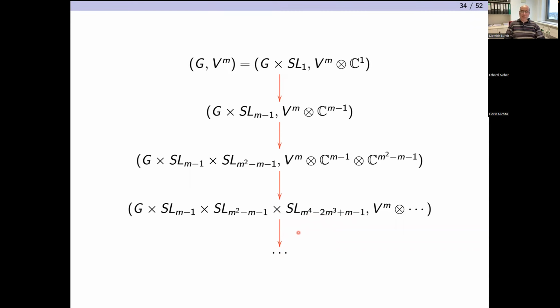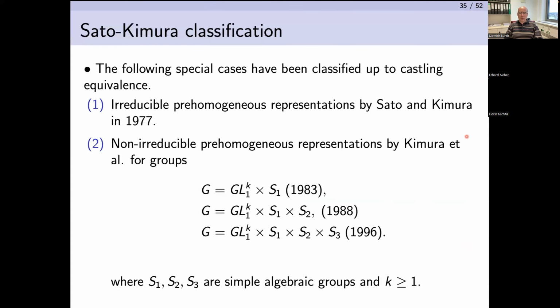So what people then do is they say, okay, since we can go infinitely further here, a classification of these things is impossible unless you mod out these castling transforms. So any reasonable classification is only up to castling equivalence. And that's clear why, because that gets worse and worse and you don't want to have this.